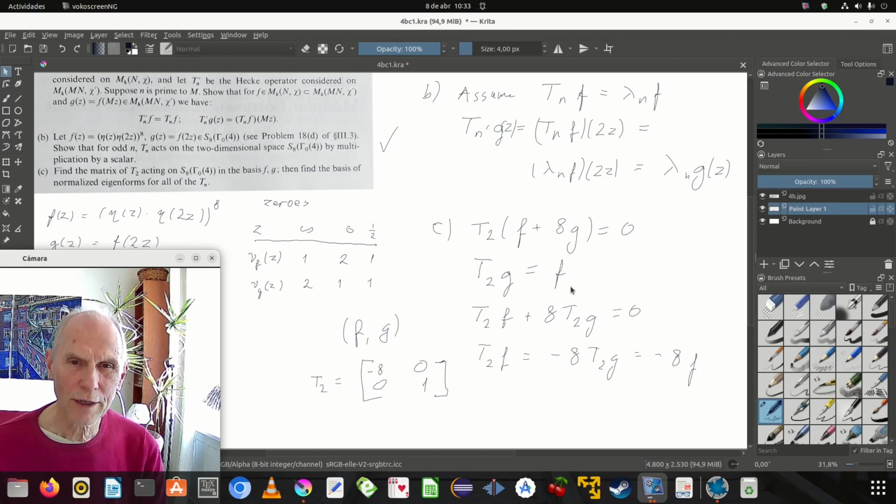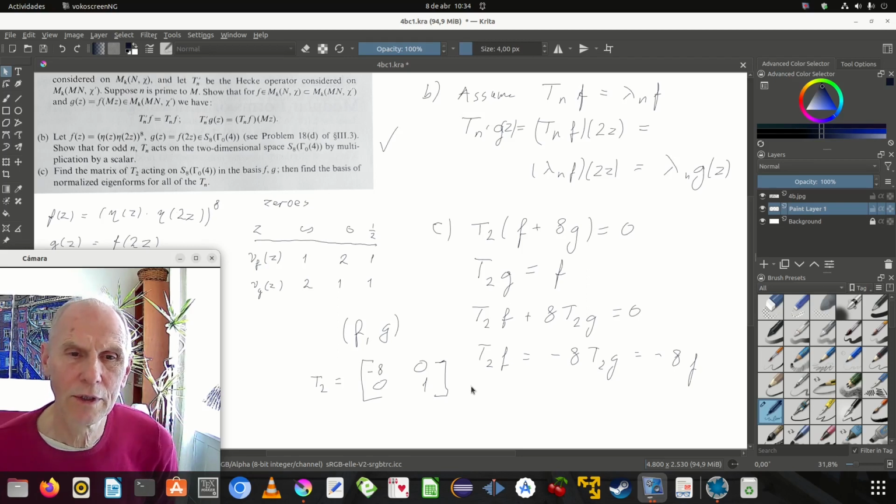Let's assume this is right. T2 of F plus 8G vanishes. T2F plus 8T2G vanishes. That means that T2 of G is F. That is, T2 of F is minus 8, yeah. But G vanishes. No, G doesn't vanish.